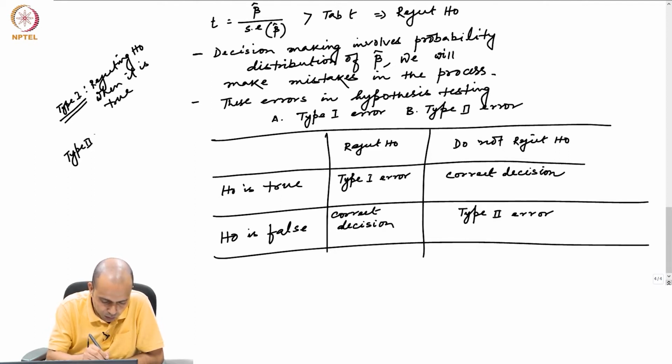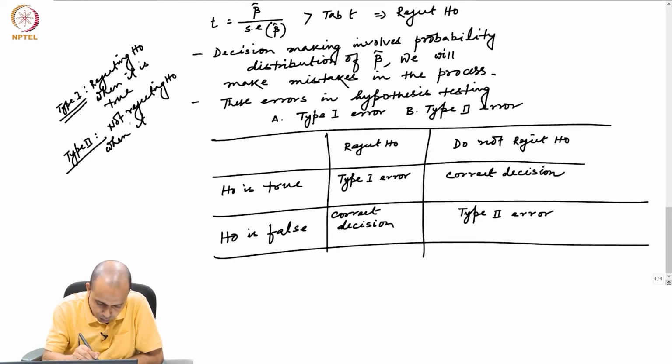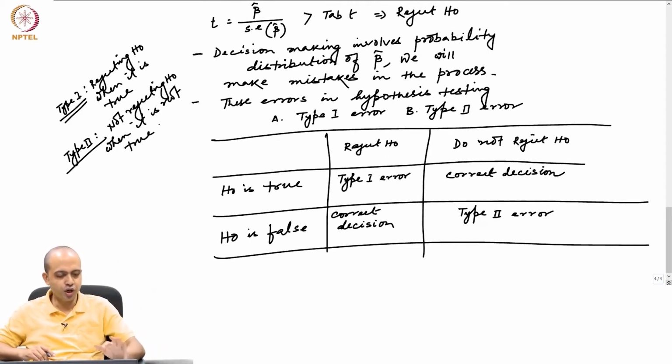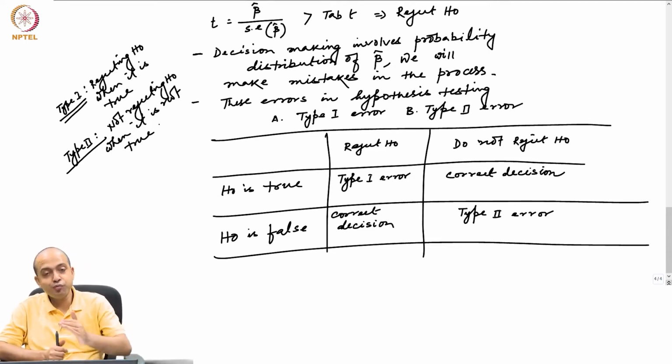Now I can define that type 1 error is rejecting H naught when it is true, and type 2 error is not rejecting the null when it is not true.